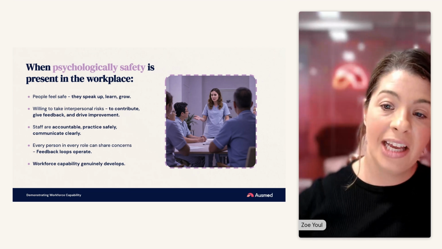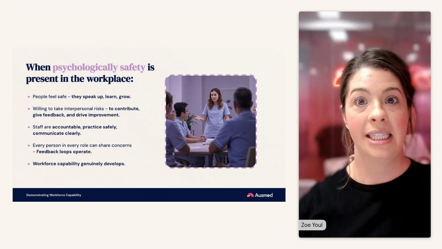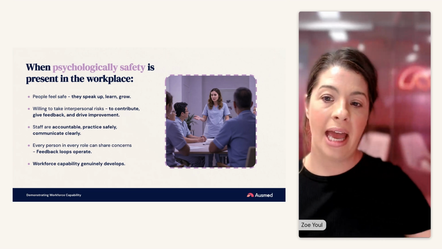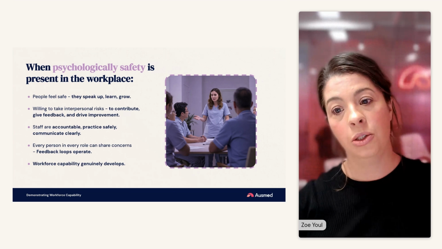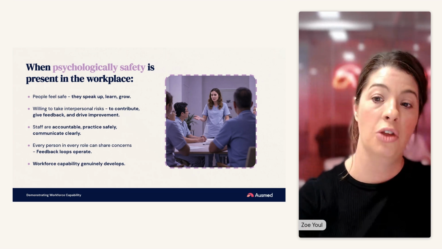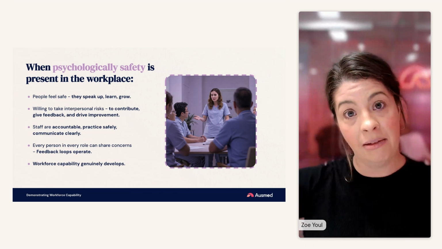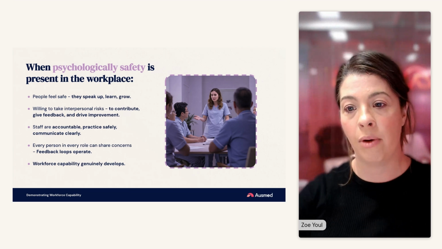And what does that lead to? It leads to staff being accountable, staff practicing safely, communicating clearly. Everyone can take an interpersonal risk. And what that means is they feel safe enough to contribute, to give feedback, to put their hand up for something, to do something a little bit differently, to drive that improvement in practice.